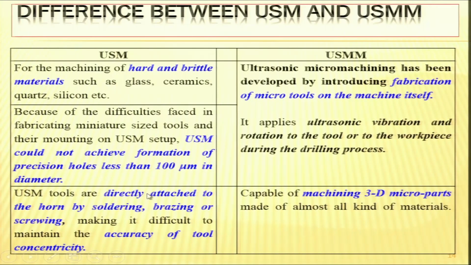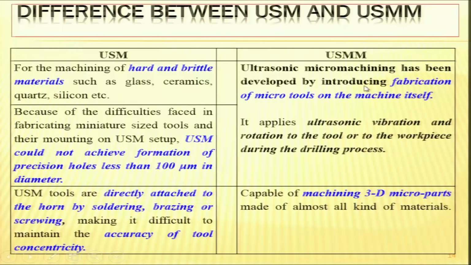We are talking about USM, and USM tools are directly attached to the horn by soldering, brazing or screwing, making it difficult to maintain the accuracy of the tool concentricity. This tool concentricity is very important, because if the tool is not concentric to the axis of the horn, then you will not get the correct size of the machined feature.